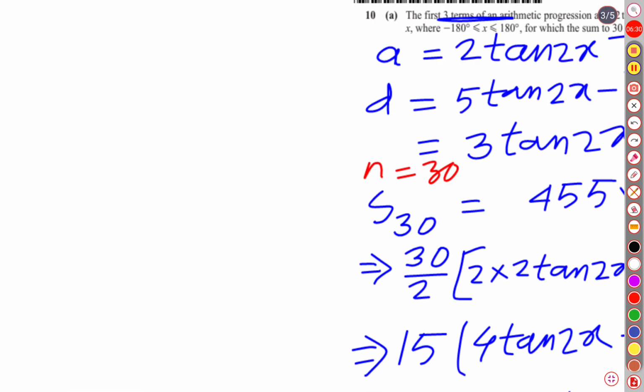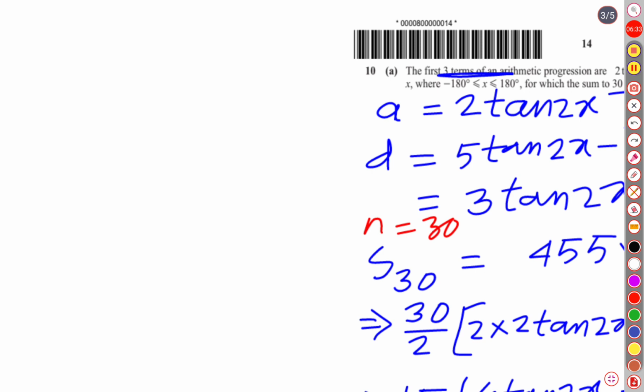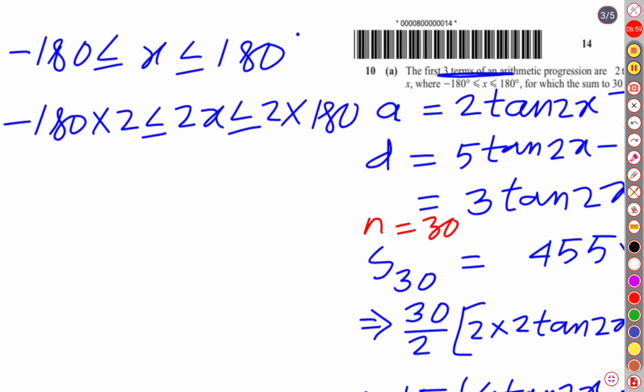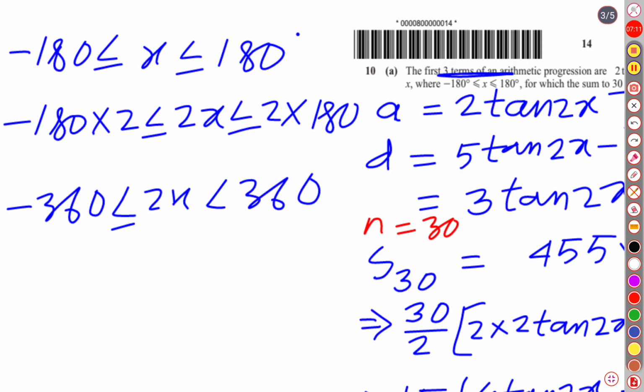So domain is given negative 180 until positive 180 for angle x, but our angle is 2x, so we will multiply by 2, negative 2 into 180 until 2 into 180. That means our angle should be from negative 360 until positive 360.